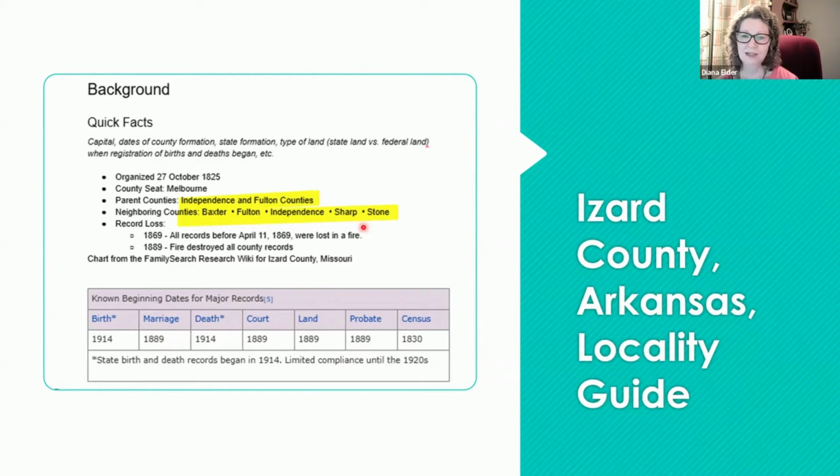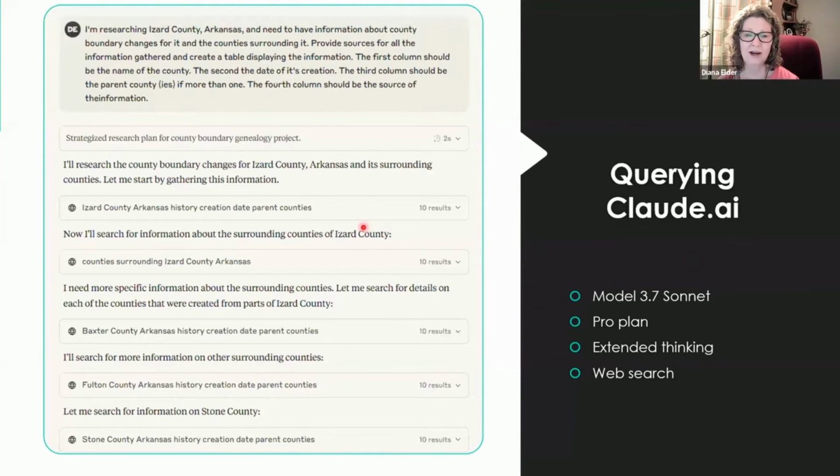And I thought it would be really interesting to see if AI could gather that quickly for me and organize it for me. So I am using Claude AI here, and this is a model that I really enjoy using. It's 3.7 Sonnet, which is their most advanced model. And I do have the Pro plan, and I use it for so many different things that for me it's worth it. But you can also do a lot with their basic plan.